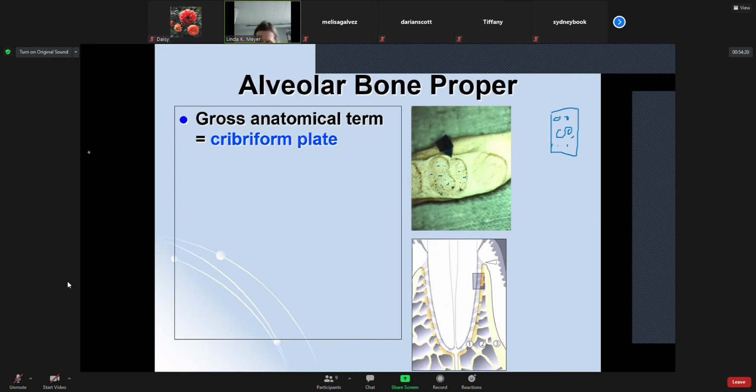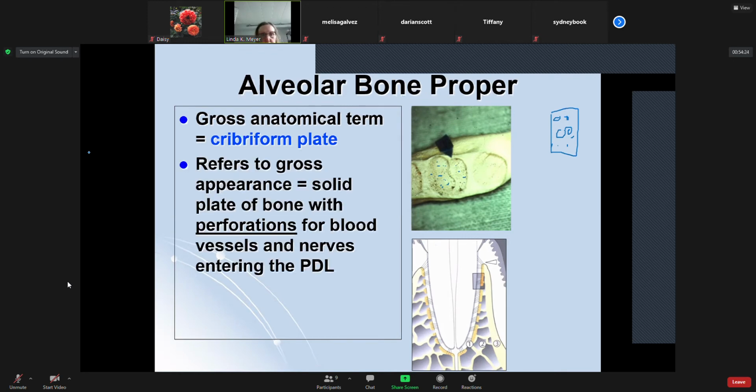So a cribriform plate is a solid plate of bone with perforations. That's just what the term cribriform plate means. And it refers to the gross appearance of the alveolar bone proper. In other words, what does it look like with the naked eye?